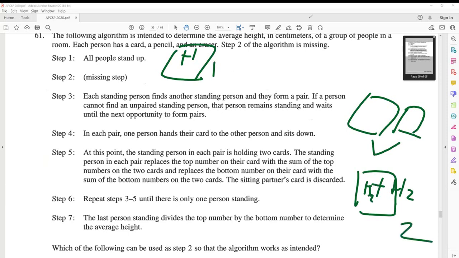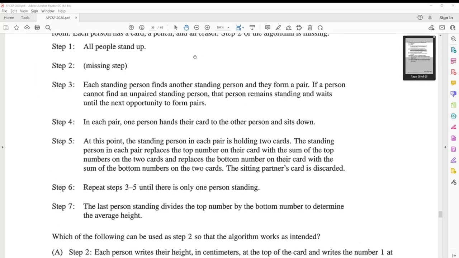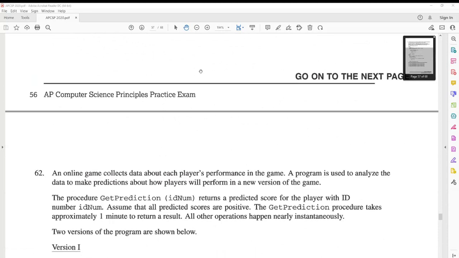Keep doing that until there's only 1 card carrying the total of the people's heights divided by the total number of people. That would be the average height. So this was A. It's very easy if you know the algorithm, but going through the whole thing takes a long time.